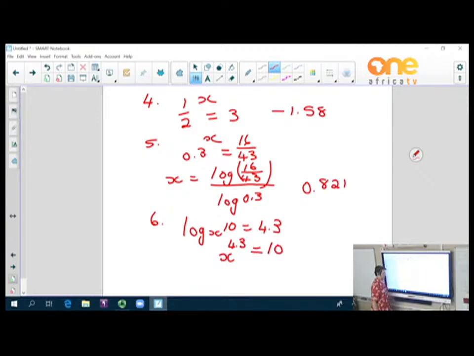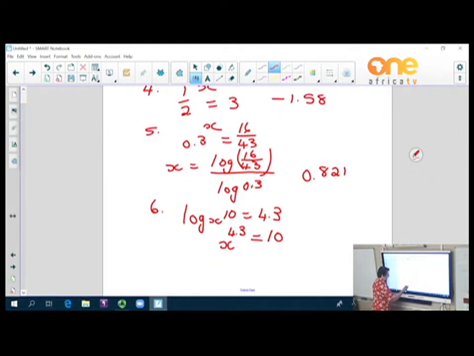So this is where you'll have to unlock your base again. So it will be 4.3 log x is equal to log 10. So it's log 10 divided by 4.3, and then we unlock it to find x. You unlock this one then, and it is 1.71.